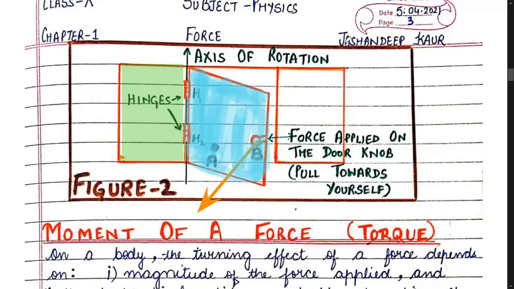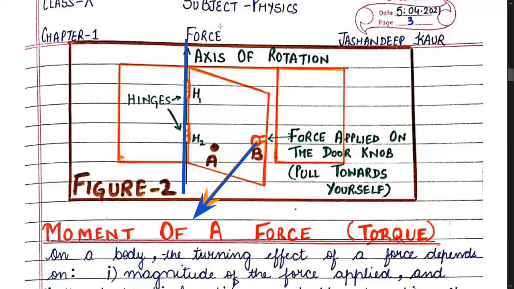This door has to be fixed with the wall. But how? So how have we pivoted it? We are placing some hinges such that the door is fixed with the wall. Whenever you are applying the force, either pull or push, the door rotates along the axis of rotation, that is, along the hinges.